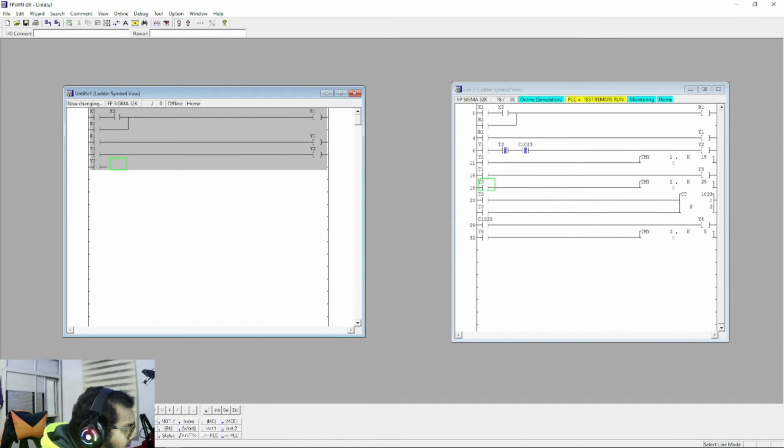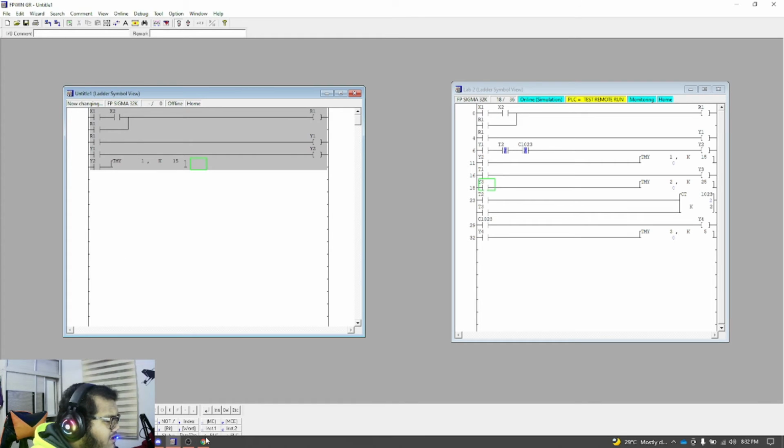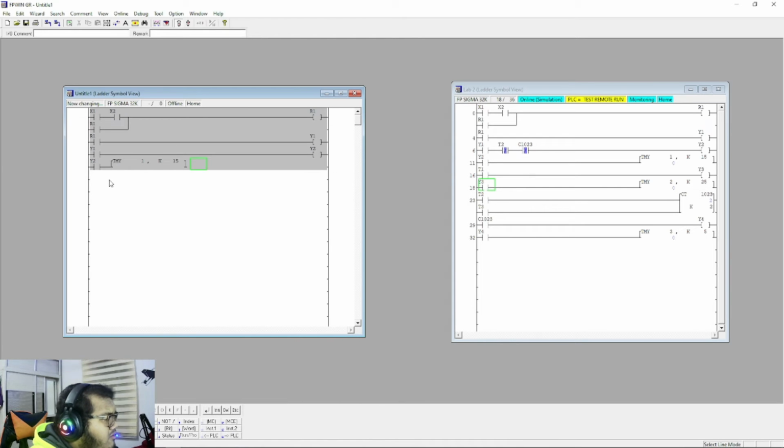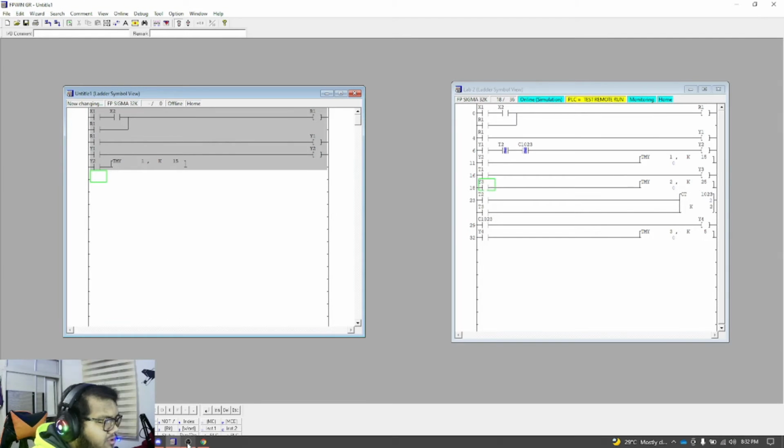Timer number 1 for 15 seconds. After 15 seconds at this pest control spray unit, it will move to the other unit, which is Y3.